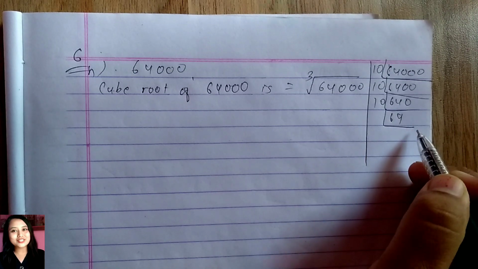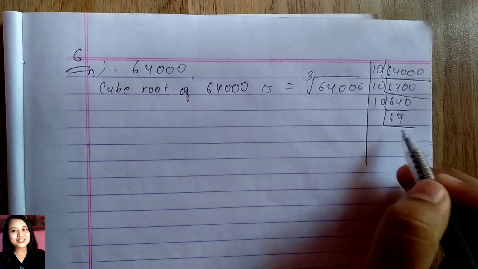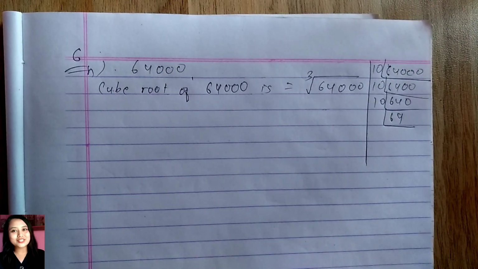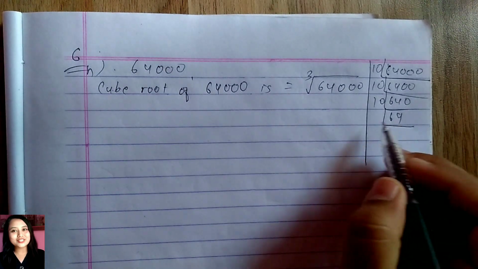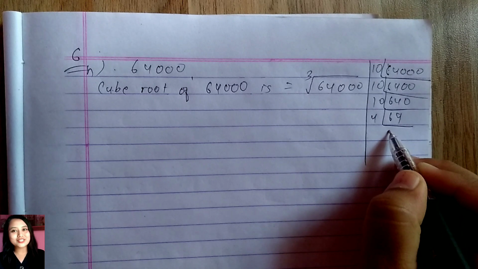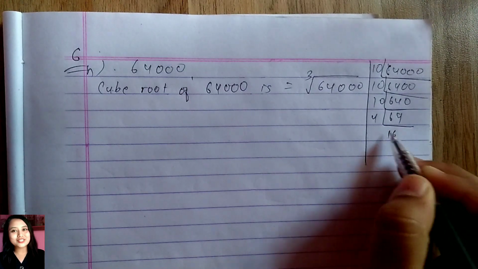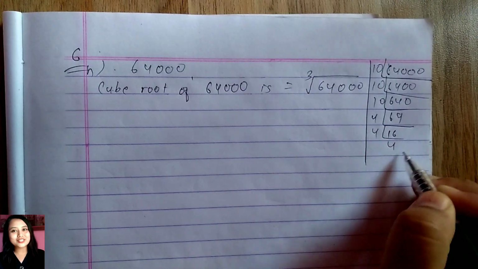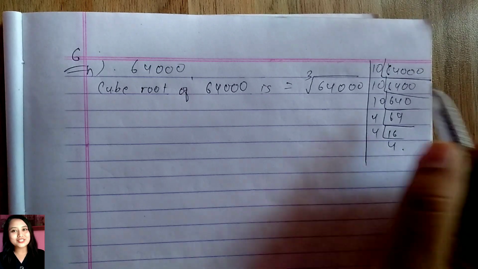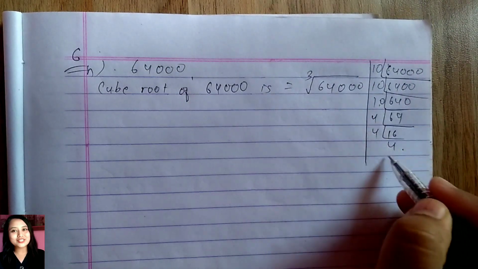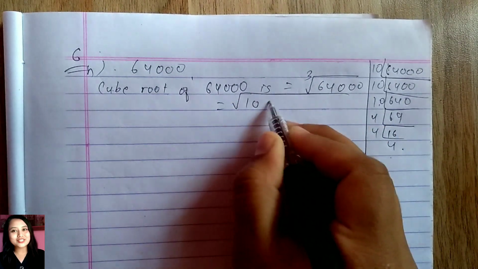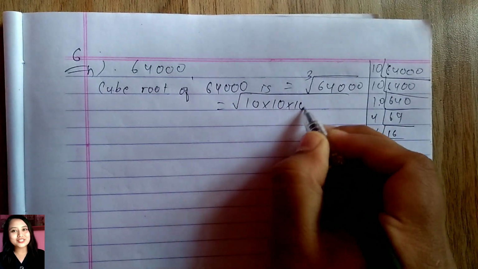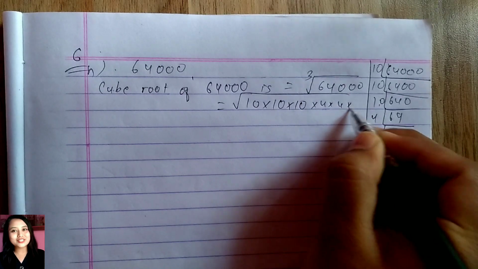Now this 64, how can we do it? Okay, so this 64 can be divided by 4. 4 1's are 4, then 4 6's are 24, then 4 4's are 16 will be there. Look at this. 10 is also 3 times, 4 is also 3 times, so we can directly write now. Okay, let's write like this: 10 into 10 into 10 into 4 into 4 into 4.